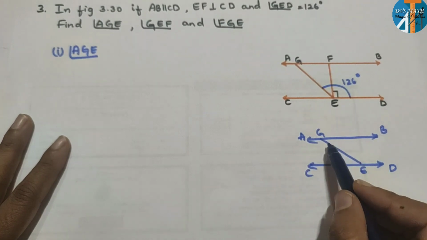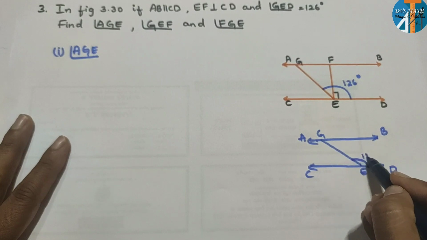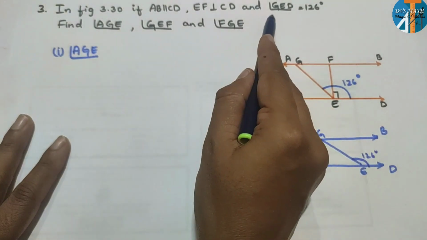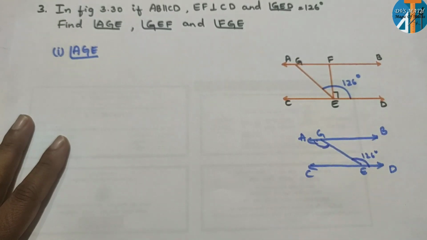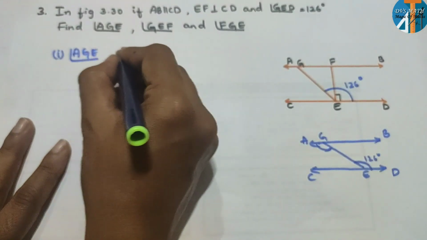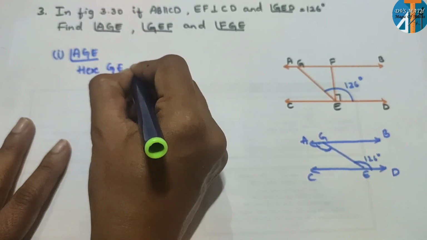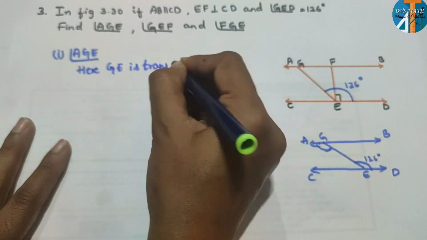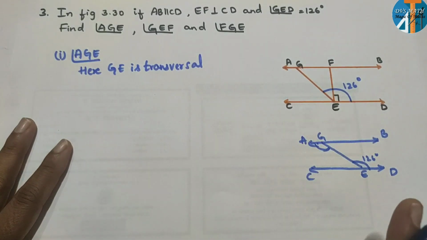Now if you observe these figures, they have given this angle, 126 degrees, that is GED, as they mentioned. So what about this angle? Observe these two angles, they seem like alternate interior angles, right? Yes. Here GE is transversal, and FE we can also consider as a transversal, and they said that it is also perpendicular.